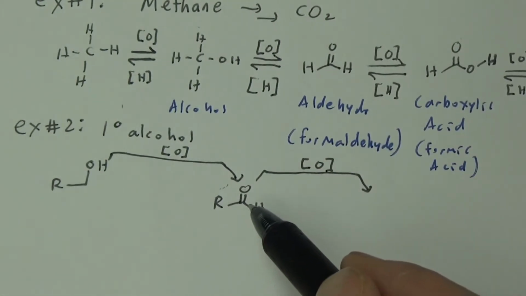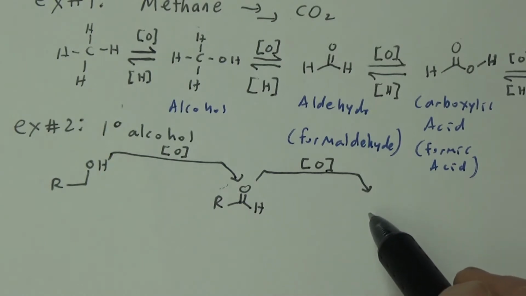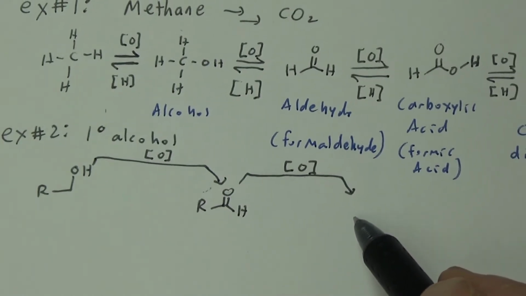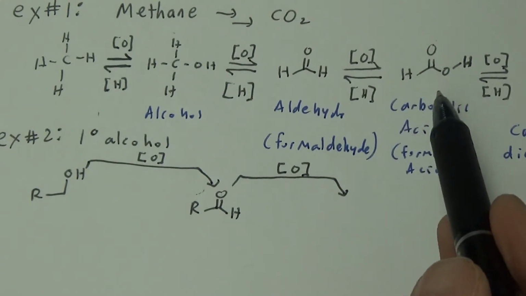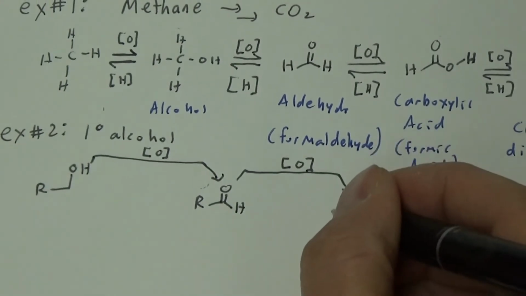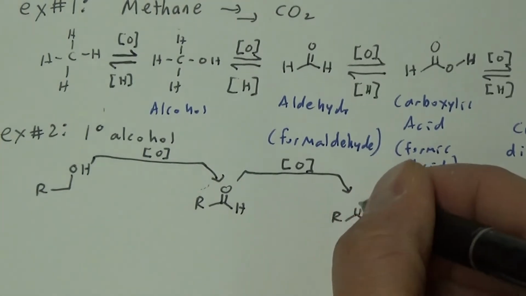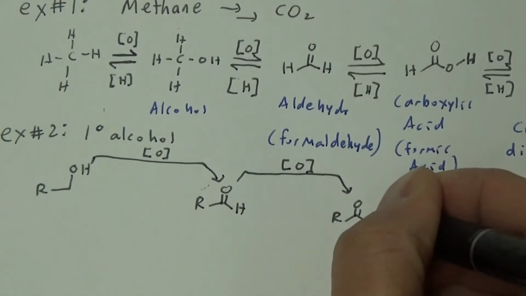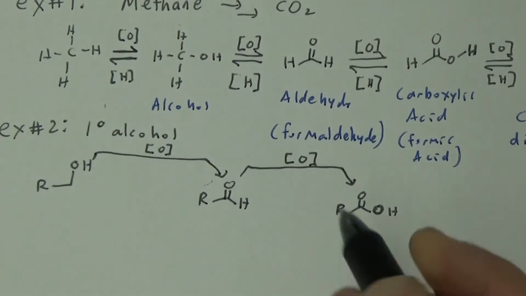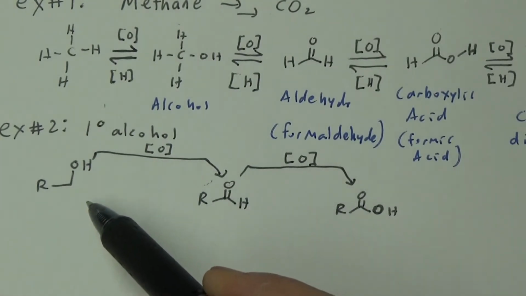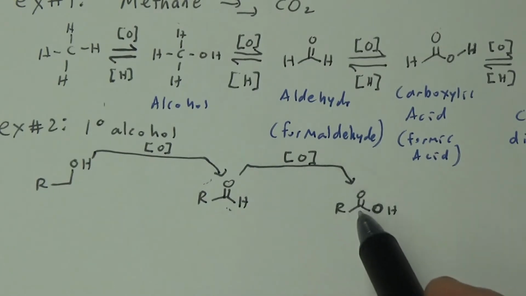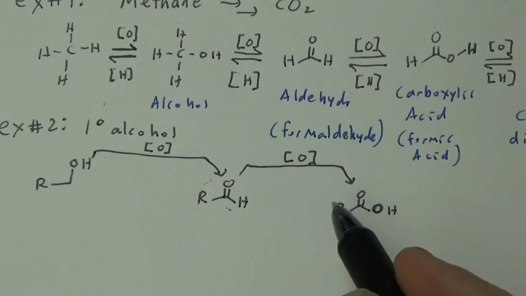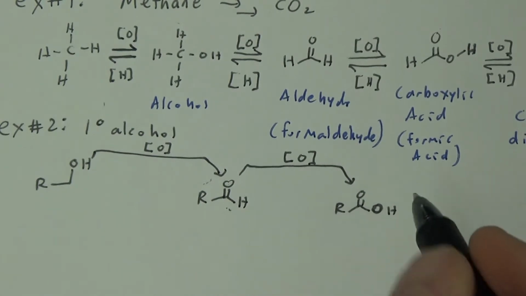What if you go from 2 bonds to oxygen to 3 bonds to oxygen? It's a carboxylic acid. So this is the normal progression. If you have a primary alcohol, you can oxidize to the aldehyde. Aldehyde can be oxidized to the carboxylic acid. Okay. Can you go the other way?